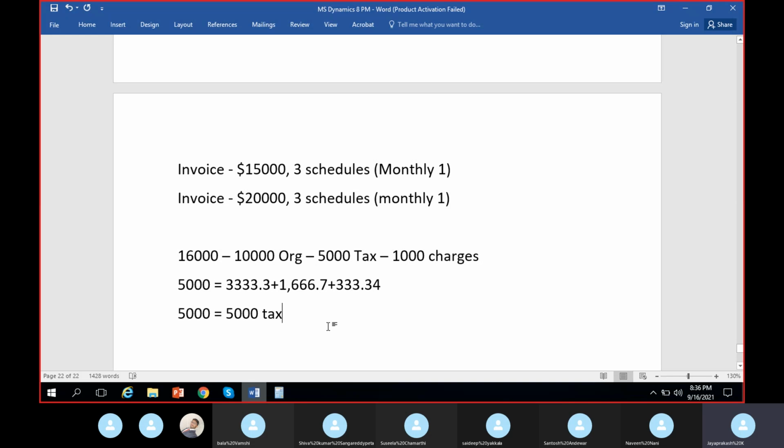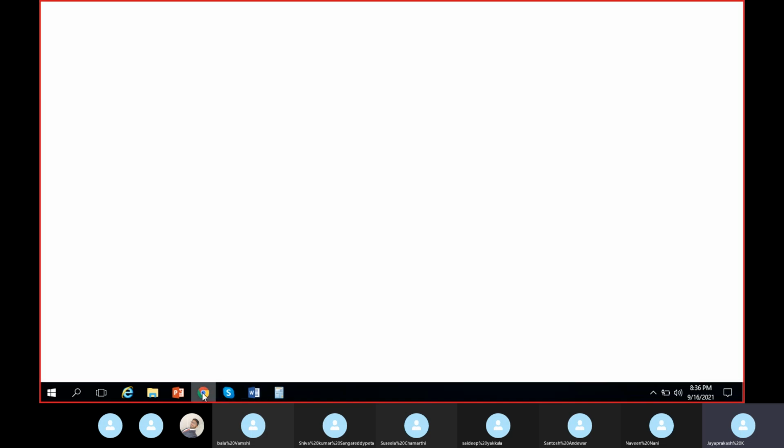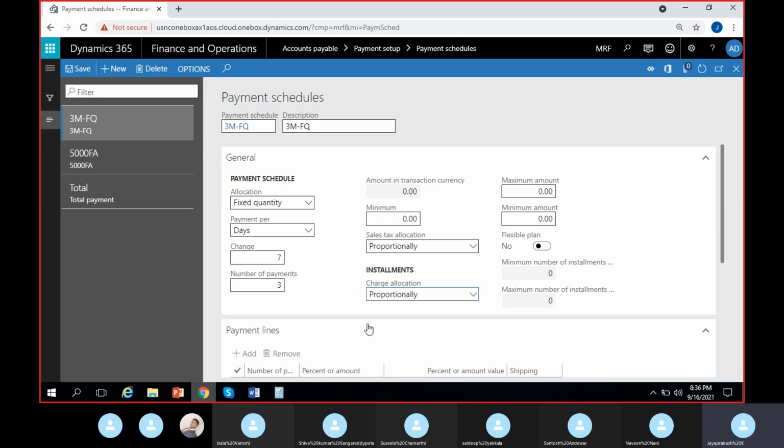Within the first installment, however much it can adjust, it will adjust. If you want it in the first installment, not entirely will be selected, but whatever the first installment amount is, only in that the taxes and charges will be adjusted, and the remaining tax and charges will be adjusted in the next installment like that.